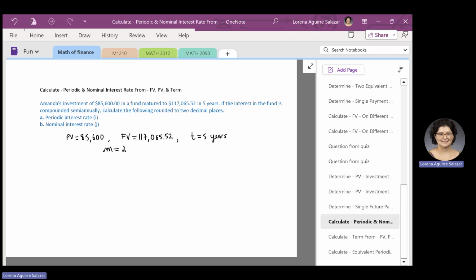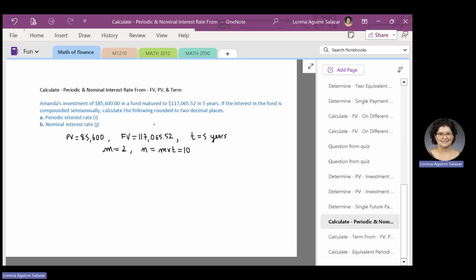And given the time period and the compounding frequency, we can compute the total number of compounding periods during the term by using the formula n equals m times t. So we have 10 times that the interest is compounded 10 times in the period of 5 years.